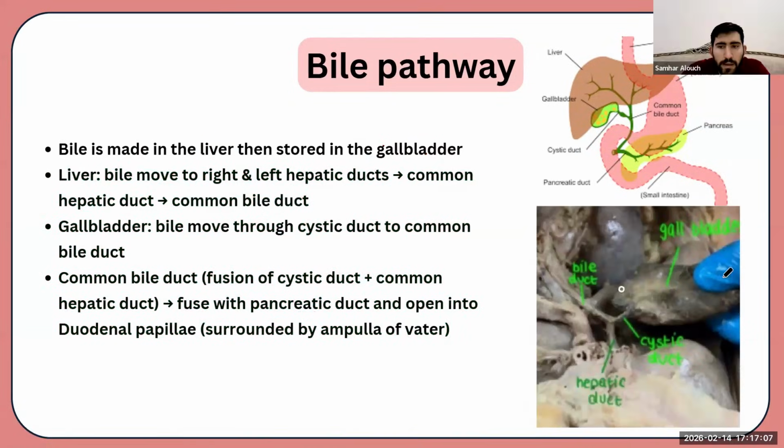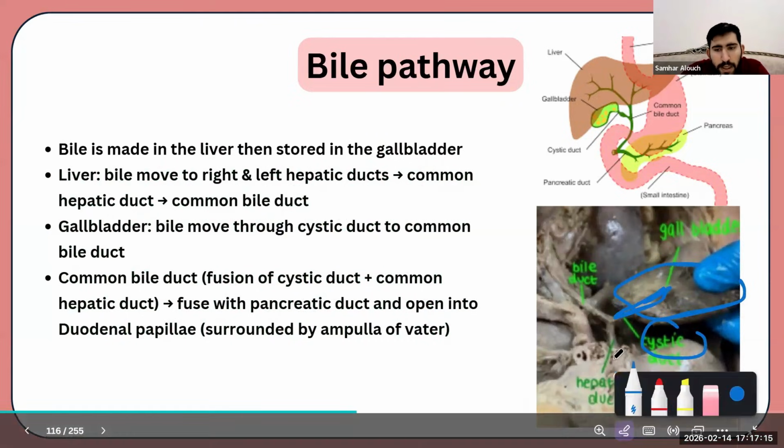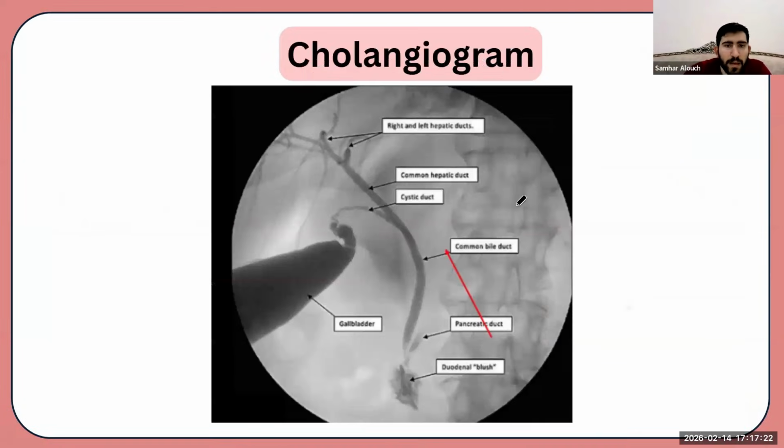Okay. This is just anatomy. Here is the gallbladder. The duct that's connected directly to the gallbladder is going to be cystic duct. The one connected to the liver, hepatic duct. Fused together, common bile duct. Okay? This is also a cholangiogram. It's just to see the whole pathway of the bile. Here is the liver.